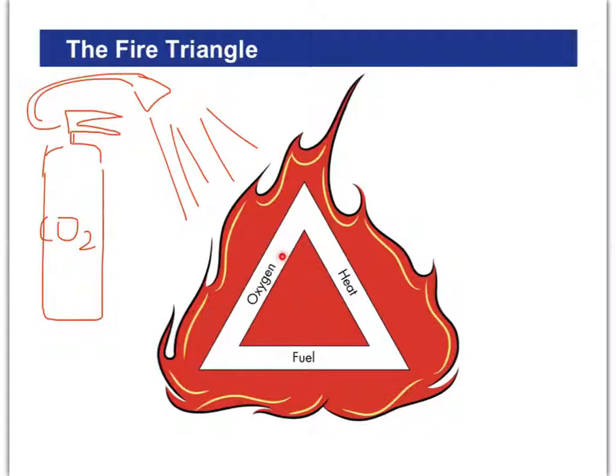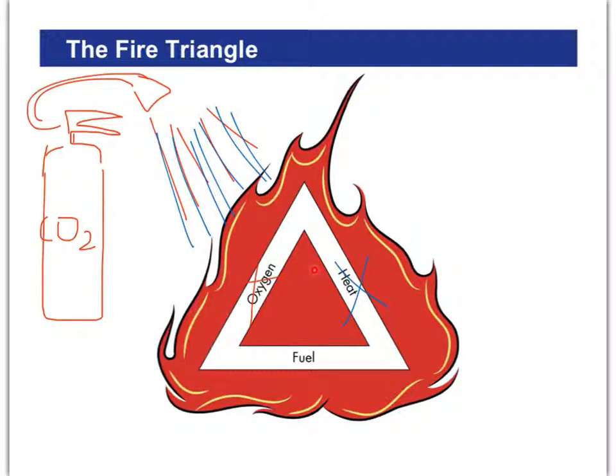The other thing that happens is that when CO2 sprays out of these fire extinguishers, it comes out very cold, and that cold eliminates the heat. So the CO2 replaces the oxygen, and the coldness removes the heat. You're removing two parts of the fire triangle all at once.